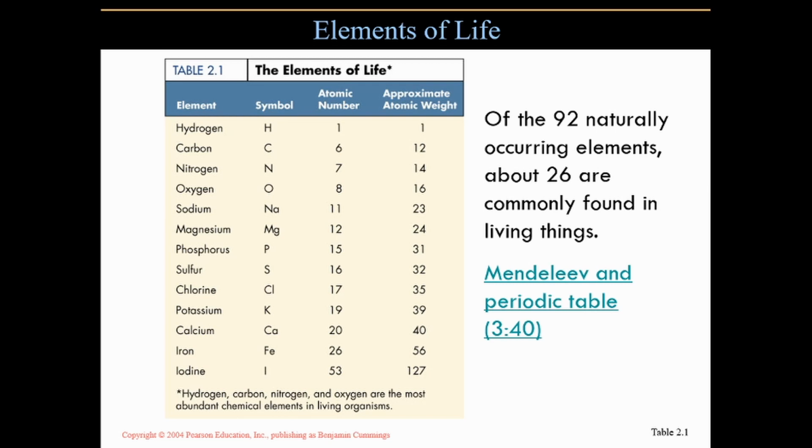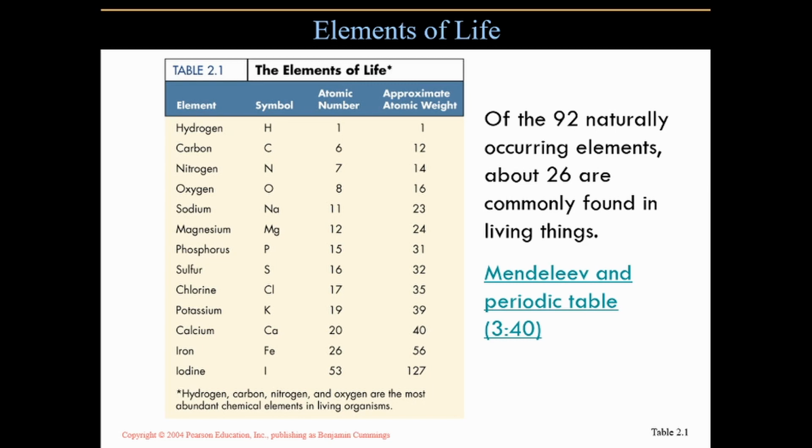And of those 26, probably the most abundant would be, I kind of put it to an acronym using the element symbols, SPONCH. And all those are the chemical symbols for sulfur, phosphorus, oxygen, nitrogen, carbon, and hydrogen.